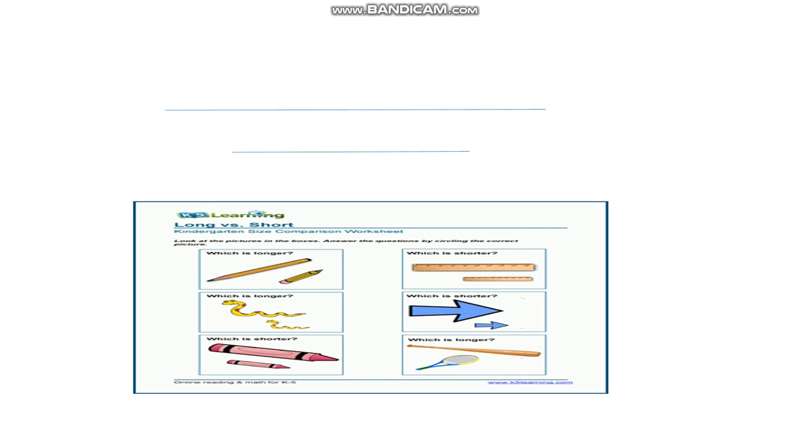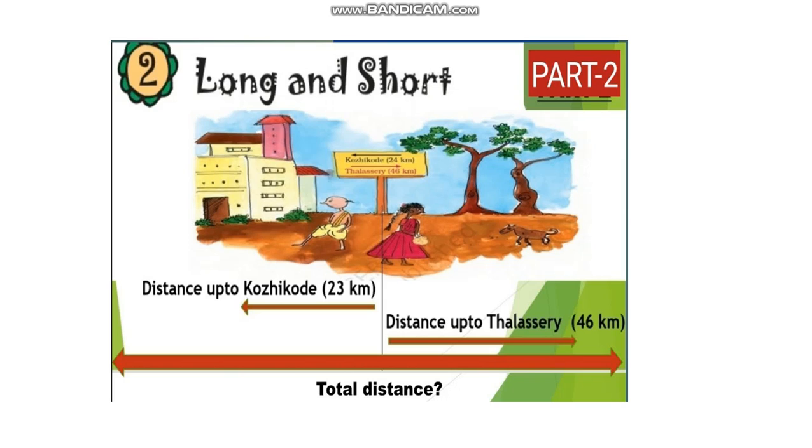So, let us study today's chapter, Long and Short. This is the second chapter in your 4th standard academic book. In this picture you will see two people traveling to their particular places. See the distance to Kodi and the distance to Tasalari: 23 kilometers here and 46 kilometers here. What is the total distance?